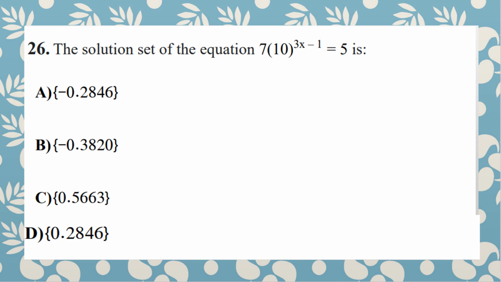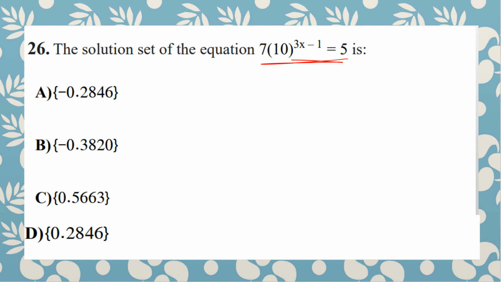Another question, the solution set of the equation 7 times 10 to the power of 3x minus 1 equals 5. We should rewrite this exponential equation into a simpler form.